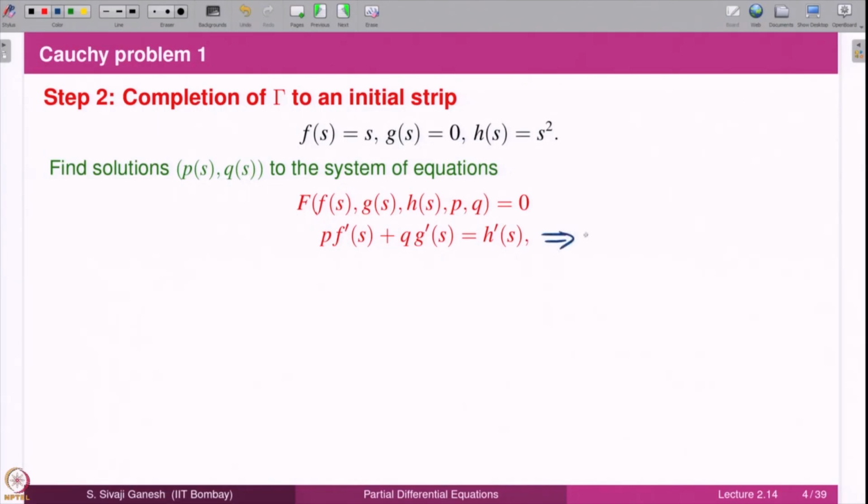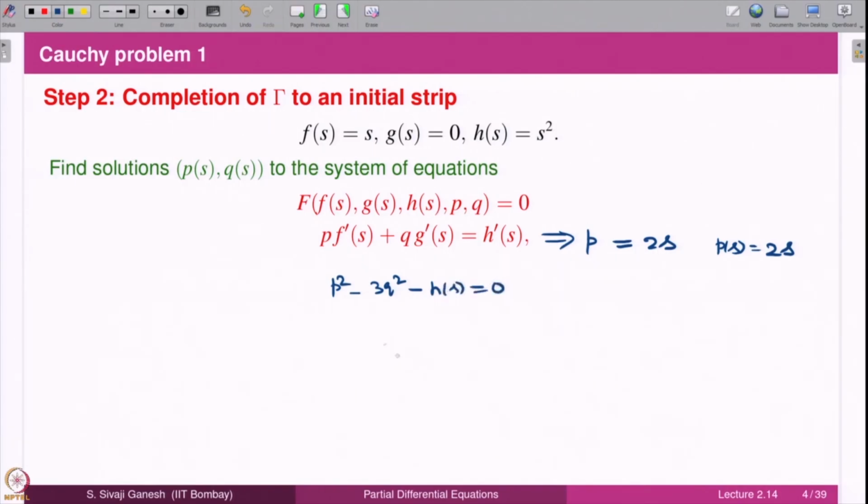In this example it is p f prime(s), which is 1, plus q into g prime(s), which is 0, equal to h prime(s), that is 2s, which means we now know p(s). So, p(s) equal to 2s. Now, we need to find q(s). I will use this equation. The equation is p square minus 3q square minus z, in the place of z it is h(s), equal to 0.